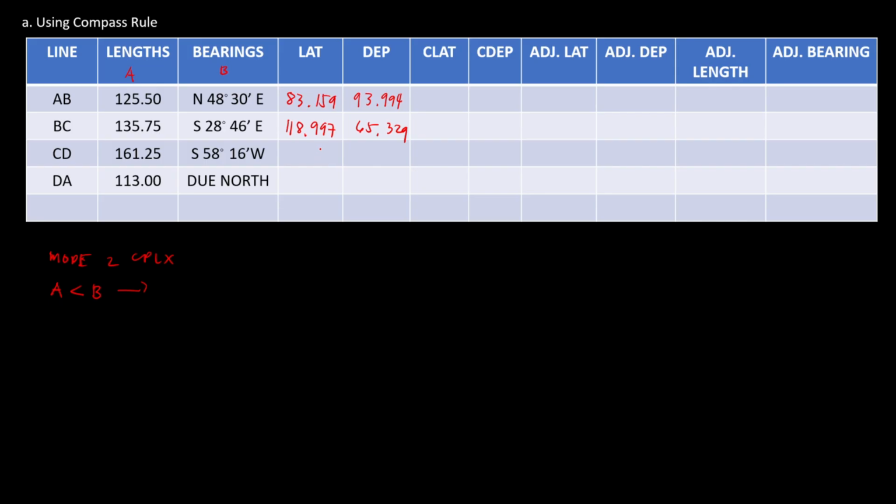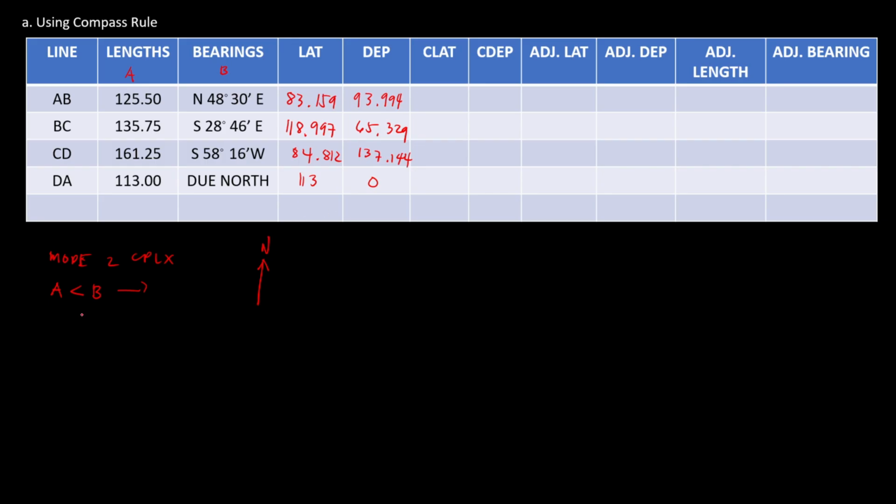Next, for line CD, the latitude is 84.8112 and the departure is 137.114. And then 113, whose bearing is due north, so the departure is 0. The length is 113, and it is in the north.